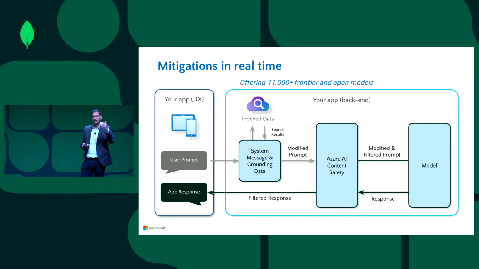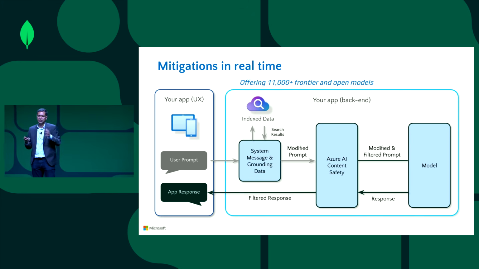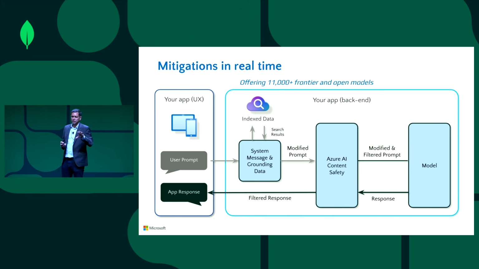The response then gets passed back through Azure AI Content Safety for a groundedness check, harmful content, etc. So this dual layer of protection, both for prompt and the response, basically provides you the trust and enables safe, responsible AI.